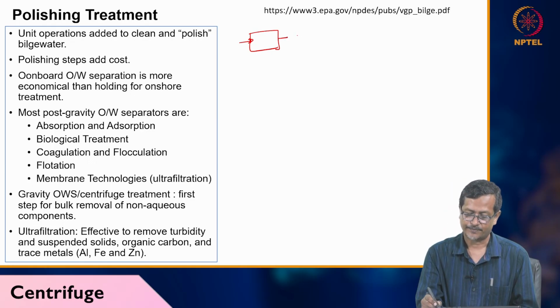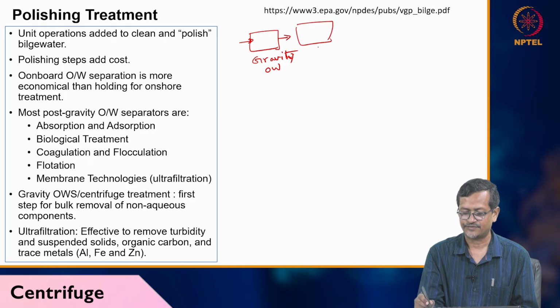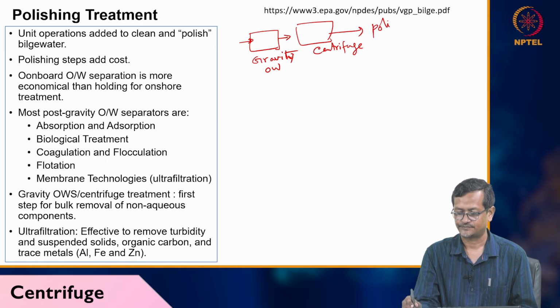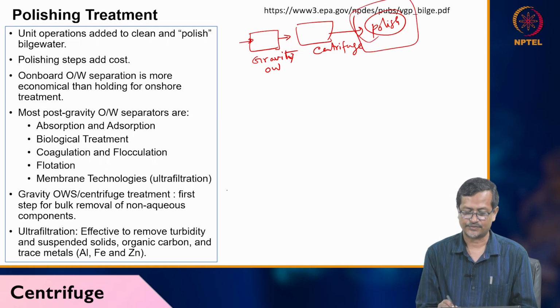Then after that you pass to gravity OWS. Then maybe you pass to a centrifuge. Then you are polishing. Sometimes you use biosurfactant and many other things.